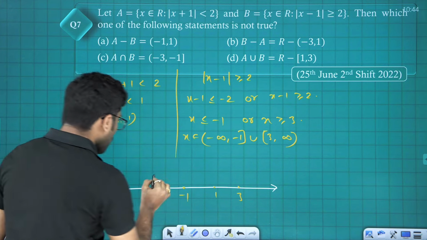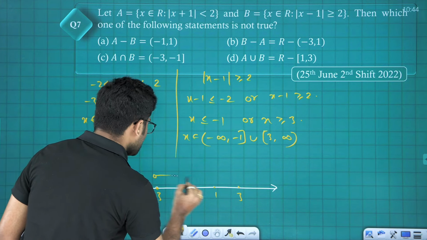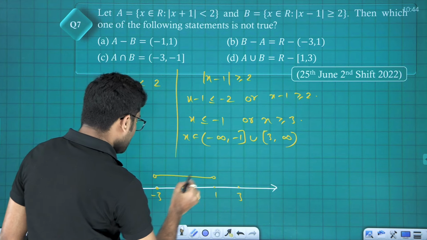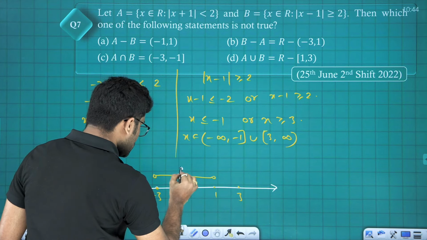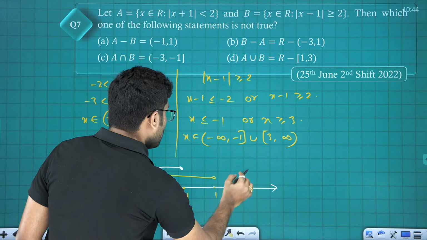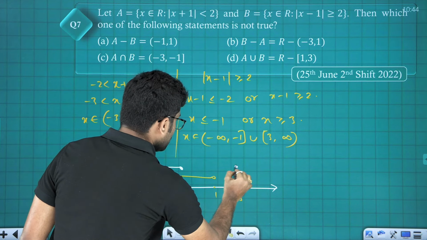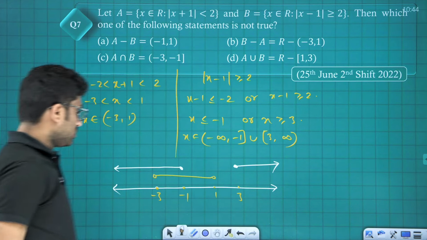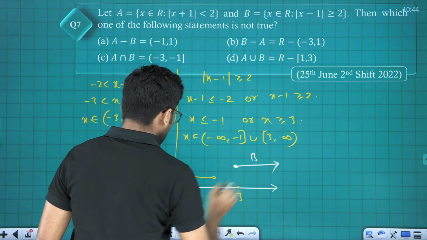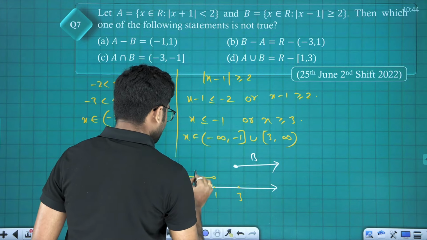First set, open minus 3 to plus 1. Second set is clearly closed this one and closed 3 to infinity. So this is the set. Okay, white one is set B, yellow one is set A.